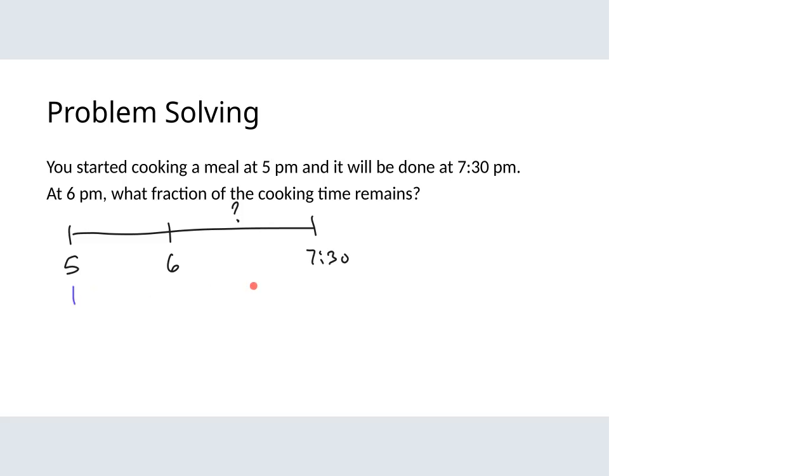The entire cooking time that is available there, yeah, it's 2.5 hours. But instead of hours, I don't want to introduce fractions into this problem if I don't have to. At least not now. 2.5 hours would be how many minutes?